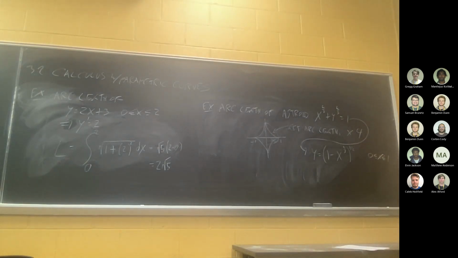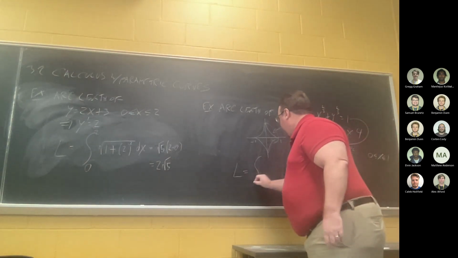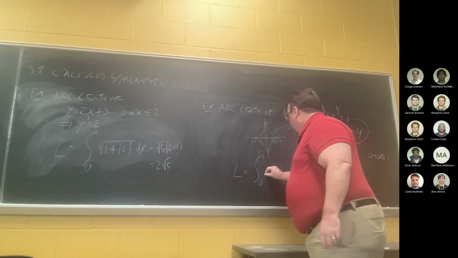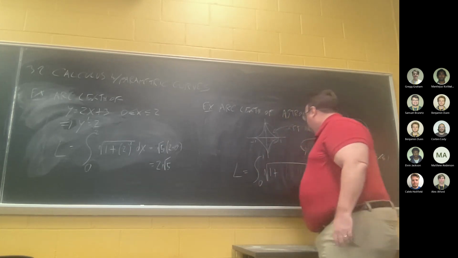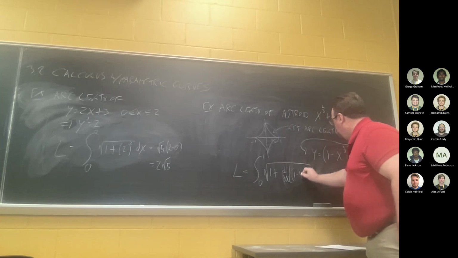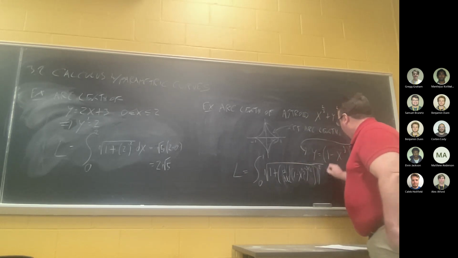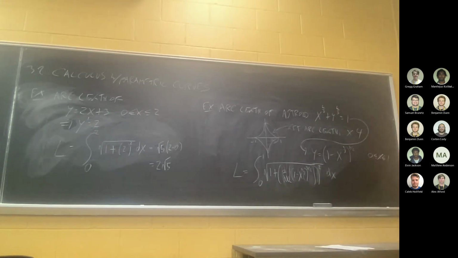Now I can apply the first arc length formula to this curve with these endpoints. To set up the integral, L is the integral from 0 to 1 of the square root of 1 plus the derivative of this function, and the whole derivative is squared, dx.